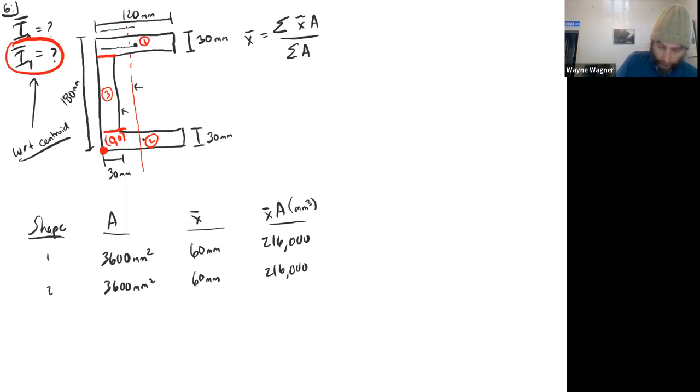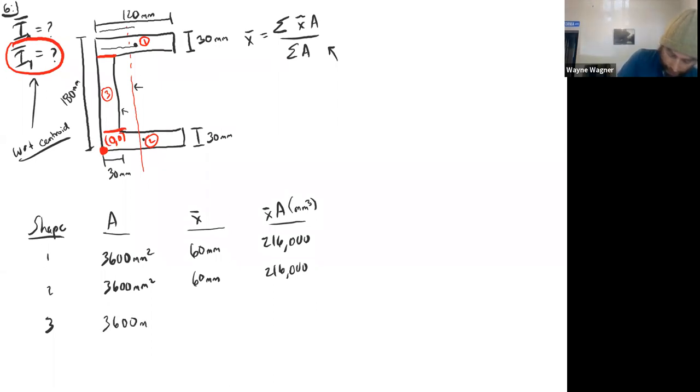Okay, so now to get the centroid, we're going to look at our formula up here, and we're going to sum these, and sum these. Oh, sorry, I forgot the other shape, didn't I? Okay, number 3. That one has a width of 30 and a height of, it looks like, 120, so 30 times 120 is 3,600.